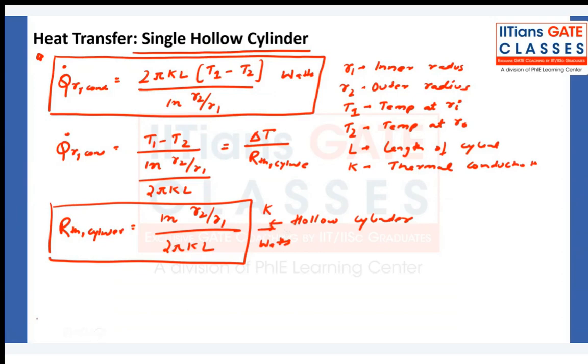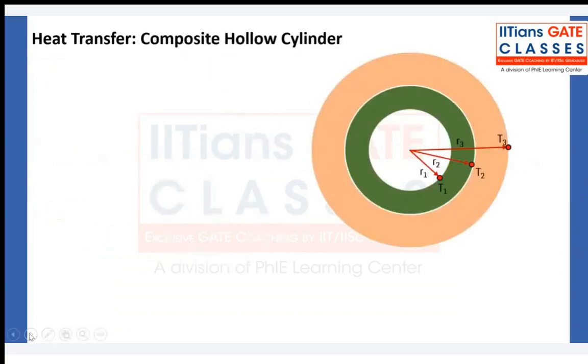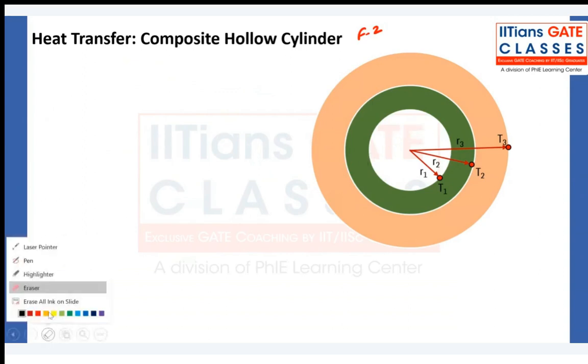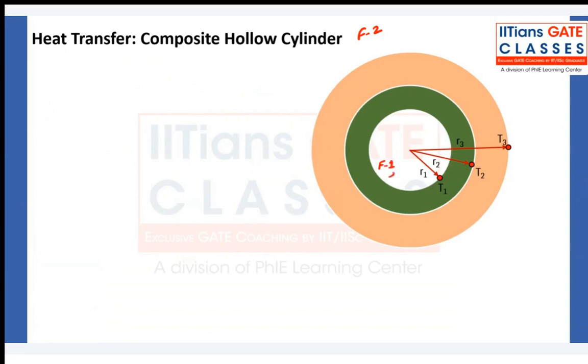Chalo. Now this is a composite cylinder where we have more than one cylinder, and also there is a fluid inside and outside. Let us say there is a hot fluid inside, the heat transfer coefficient is Hi, and the temperature of the fluid is T infinity i.